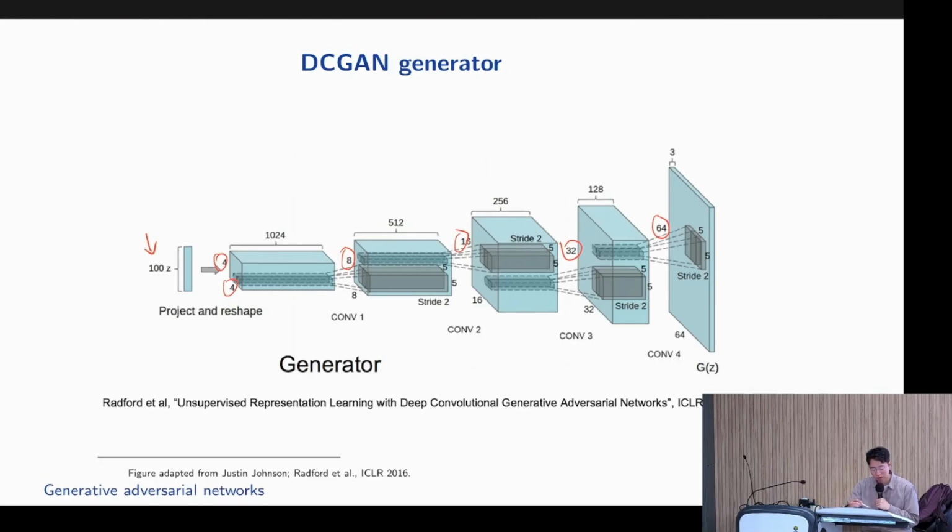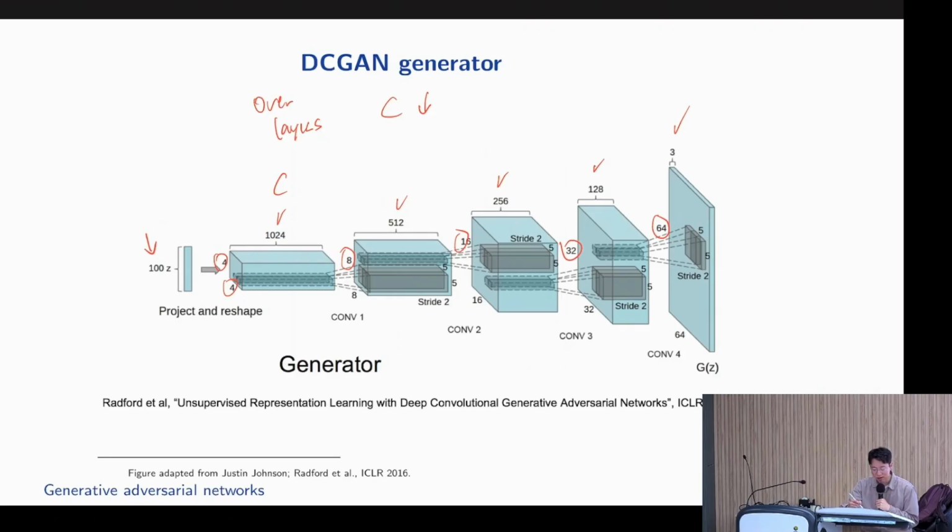And for the low resolution, you compensate by increasing the channel size, and you keep decreasing the channel size as you go down, as you increase the spatial resolution. So that means here, the channel goes down over layers.